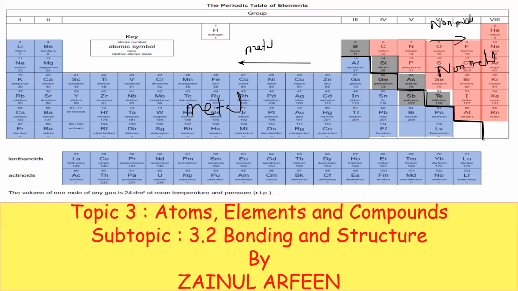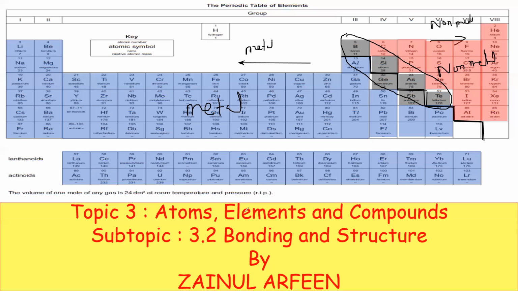Elements on the left hand side are metals, on the right hand side are non-metals, and in between there are a few elements such as boron, silicon, germanium, arsenic, antimony, and beryllium. These are metalloids. So you just learn the metalloids, and you can simply identify metals and non-metals from the periodic table.